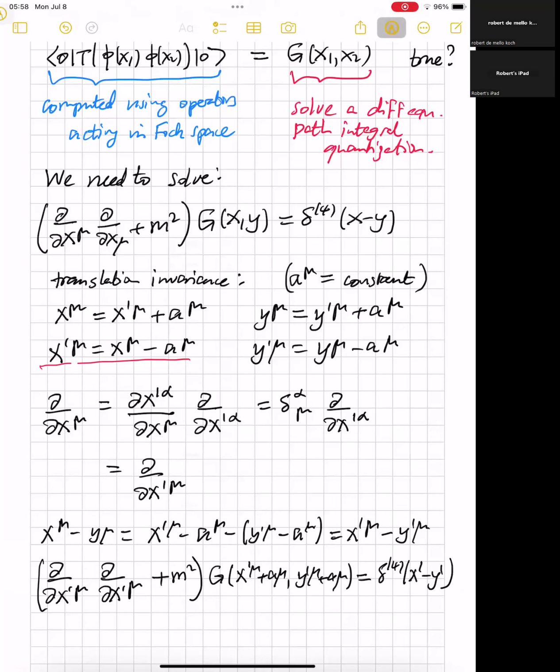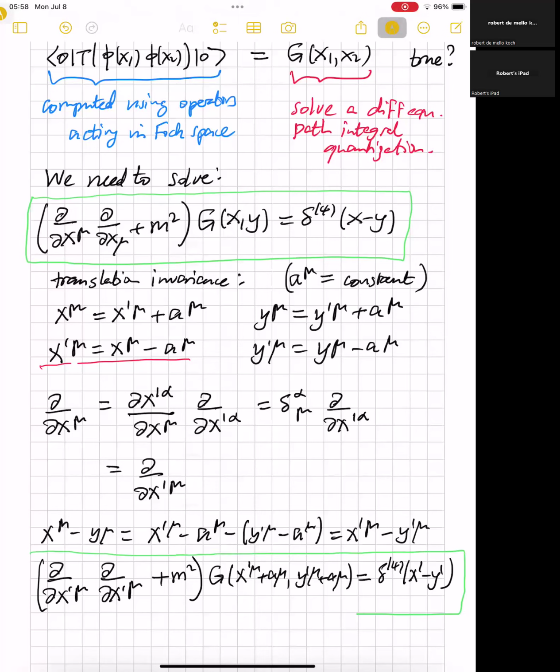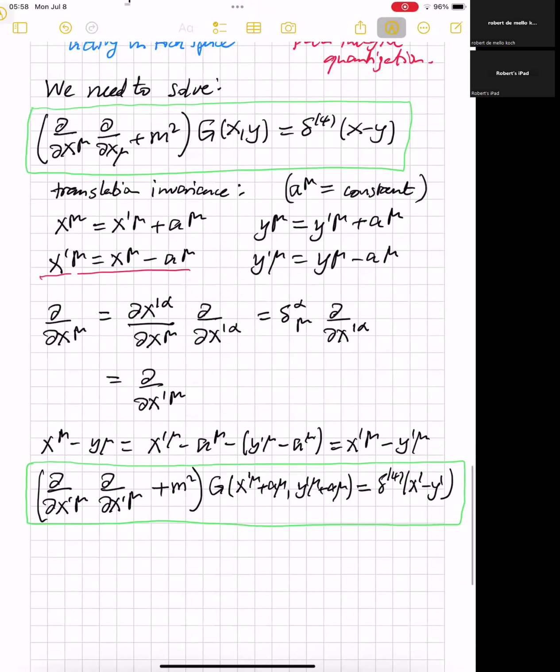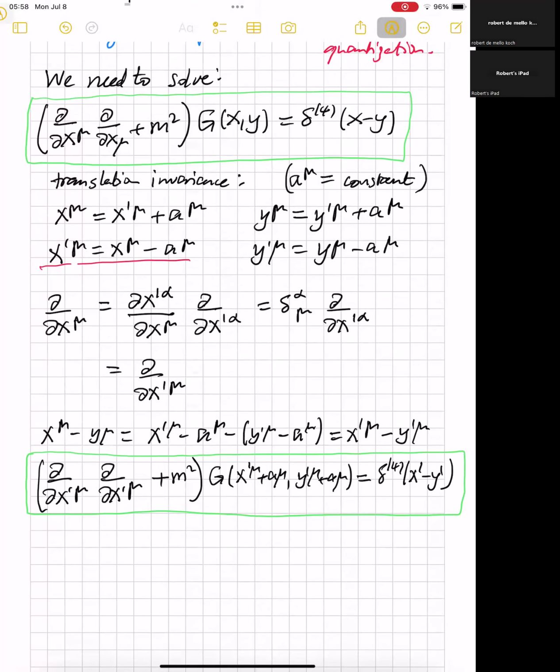But look at this. The equation that we've got in the green box above is exactly the same as the equation that we've got in the green box below. You can drop the primes. The primes are doing nothing. So if we just rename x' to be x, you can see that these are exactly the same differential equations.